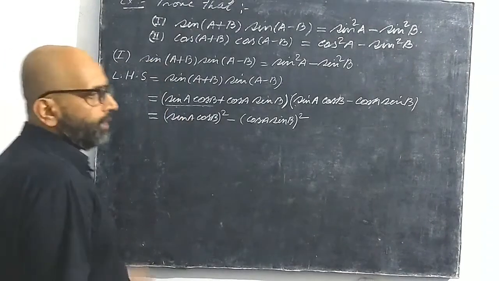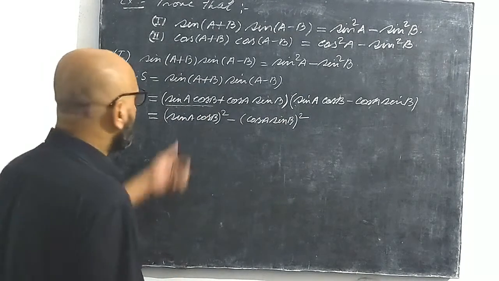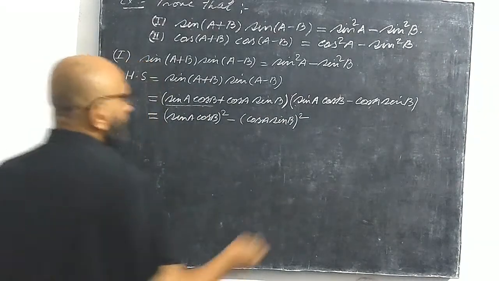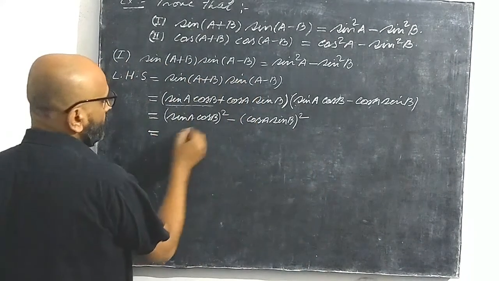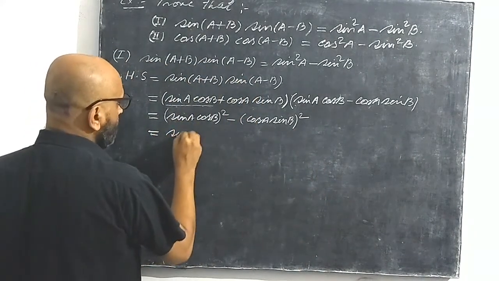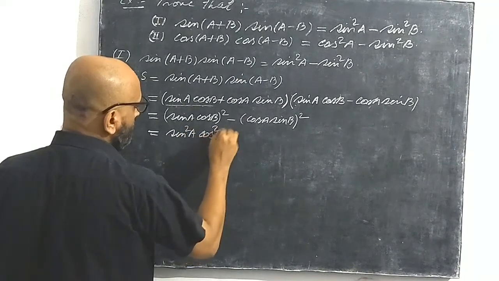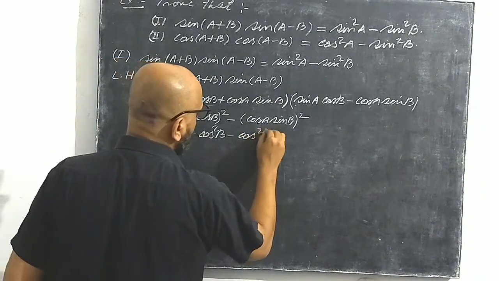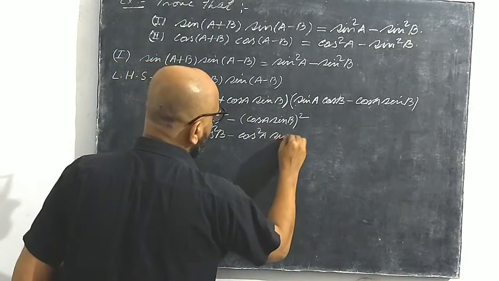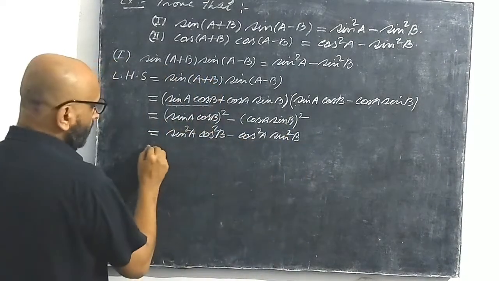So we have used the formula (A+B)(A−B) is equal to A square minus B square. This may be written as sin square A into cos square B minus cos square A into sin square B.